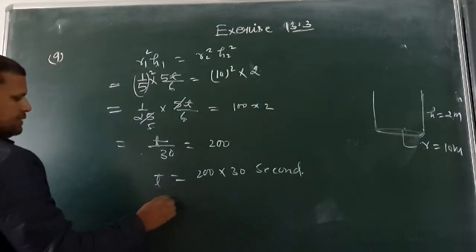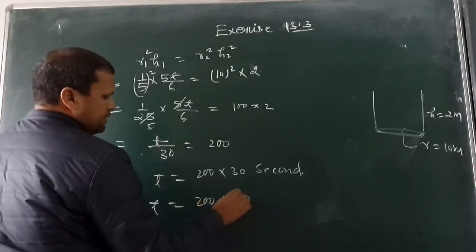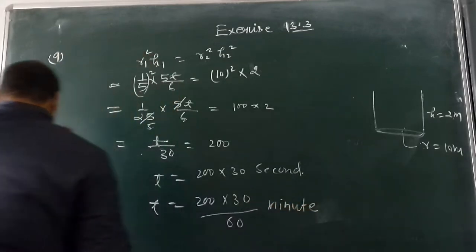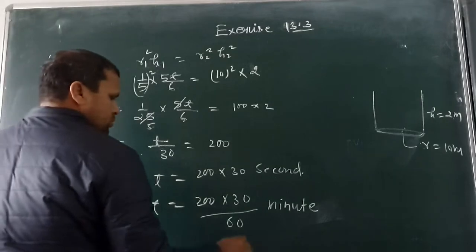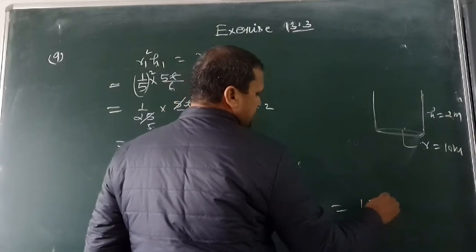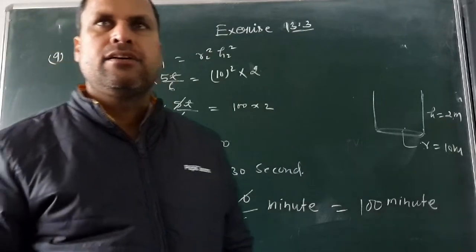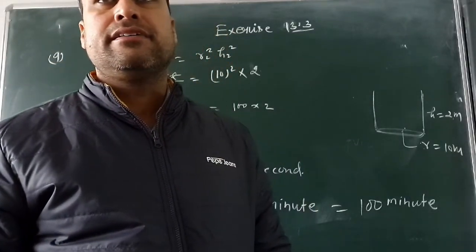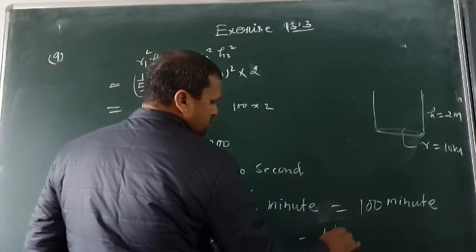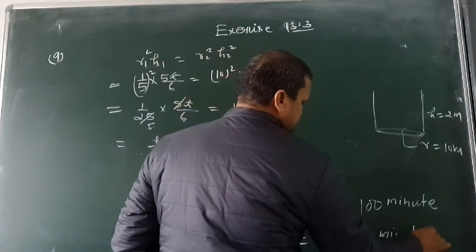So t equal to 200 into 30 upon 60 minutes. So this is 2 times, this is 100. So it is 100 minutes. And 100 minutes can be written as 1 hour 40 minutes. So this is equal to 1 hour and 40 minutes.